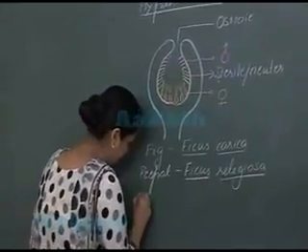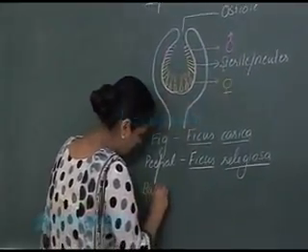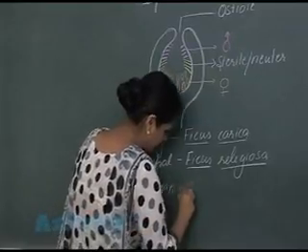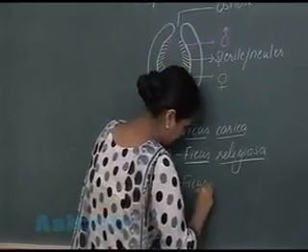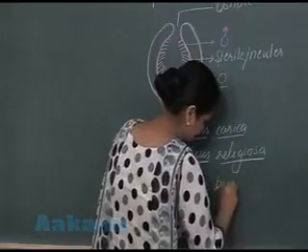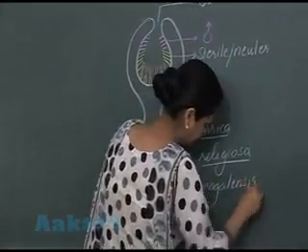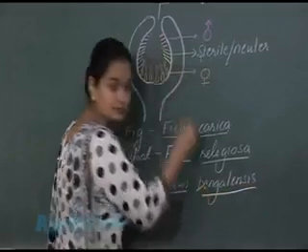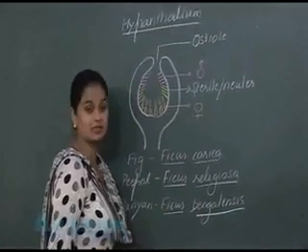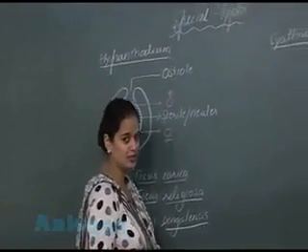Then another example is the banyan tree, that is Ficus bengalensis. Right? Now after this, Cyathium inflorescence.